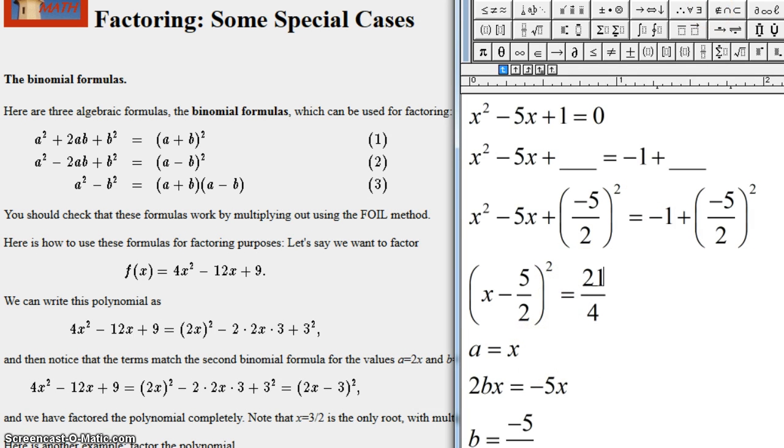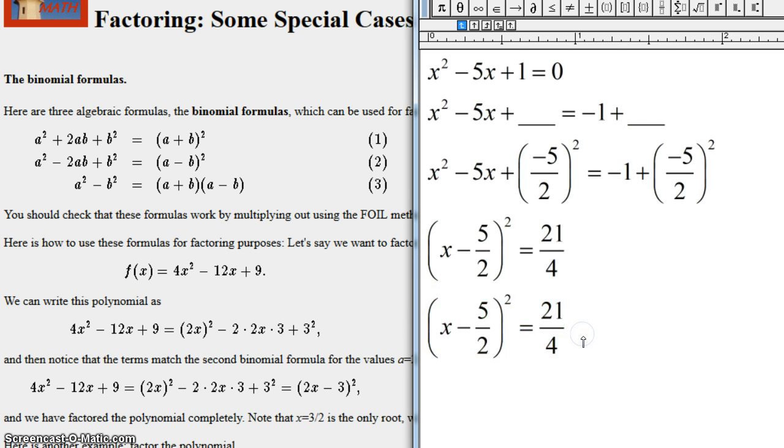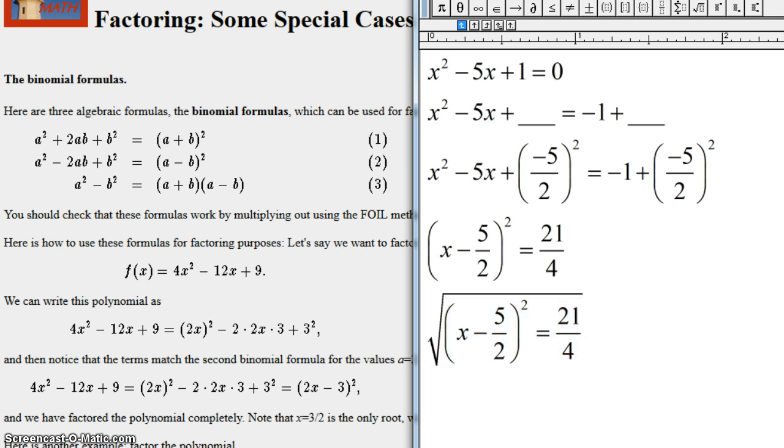Okay, and again, we're really close to finishing. How do we finish this off? It's just 2 steps. Take the square root and then add 5/2 to both sides. So if we take the square root of both sides, we will be left with x minus 5/2, and that's root 21 over 4.